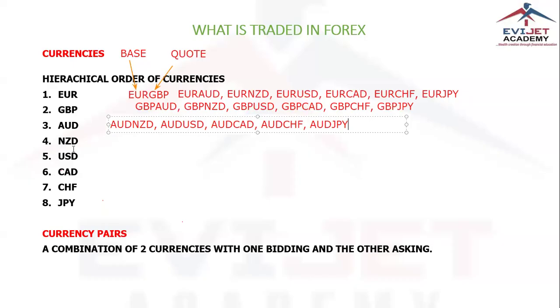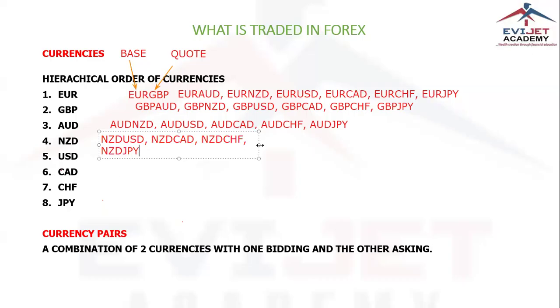Now, the next will be NZD. After NZD, I will end it there because it's the same thing and it applies to every other one. So for NZD, we have NZD USD, NZD CAD, NZD CHF, and NZD JPY.